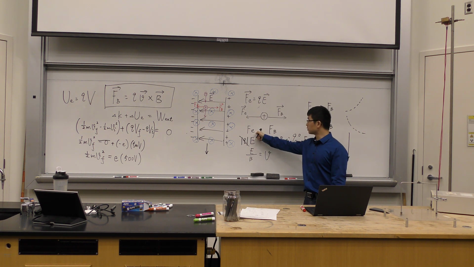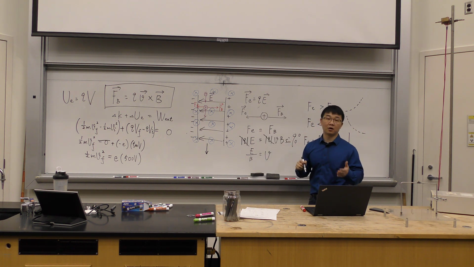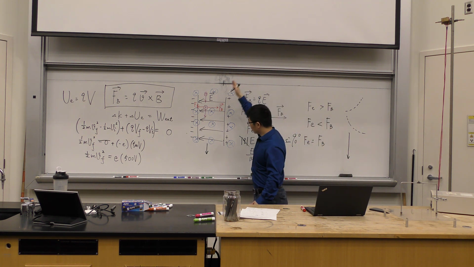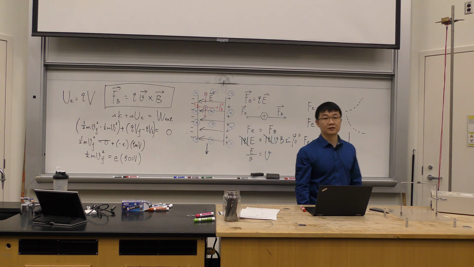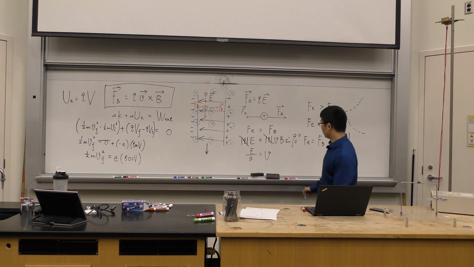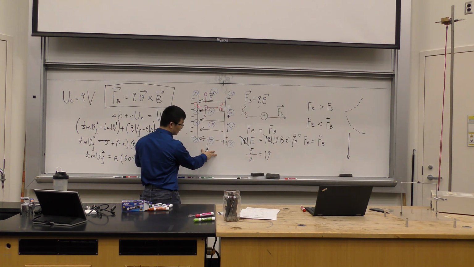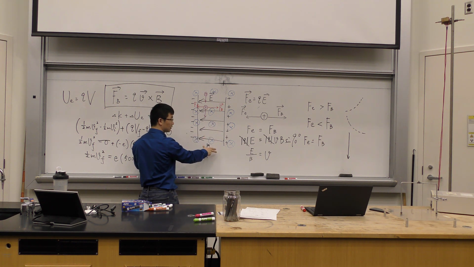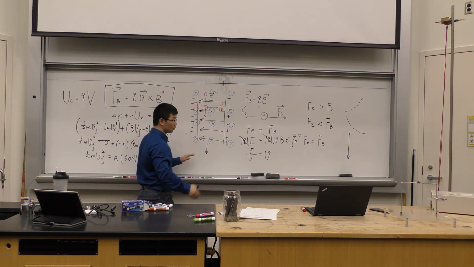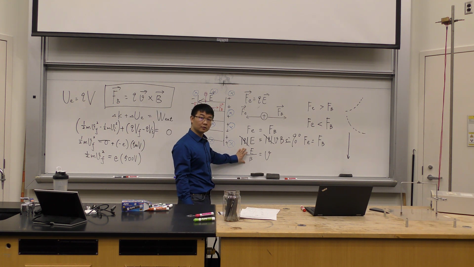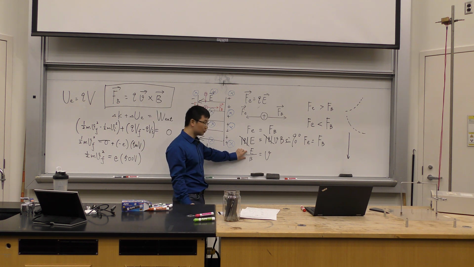Because the two forces must be equal on these lucky particles so that they can go through this region without any deflection, okay? So you see that if you have another device to collect any particles after this velocity selector, you will always get the particles with this speed, right? And then you can tune these two fields, right?